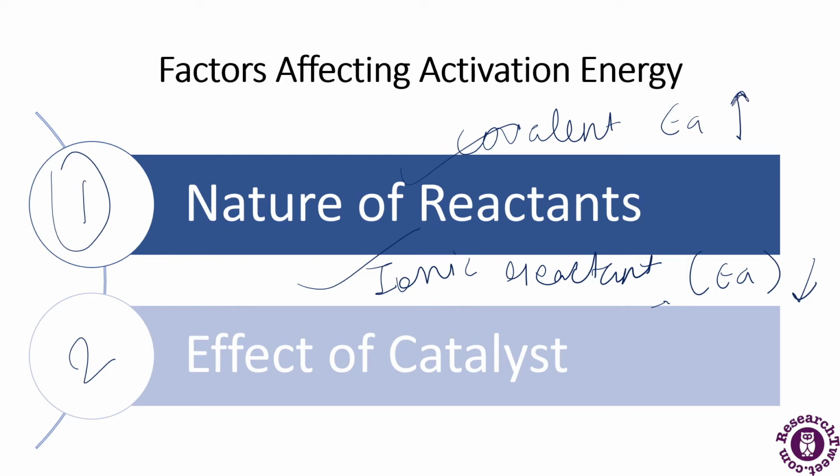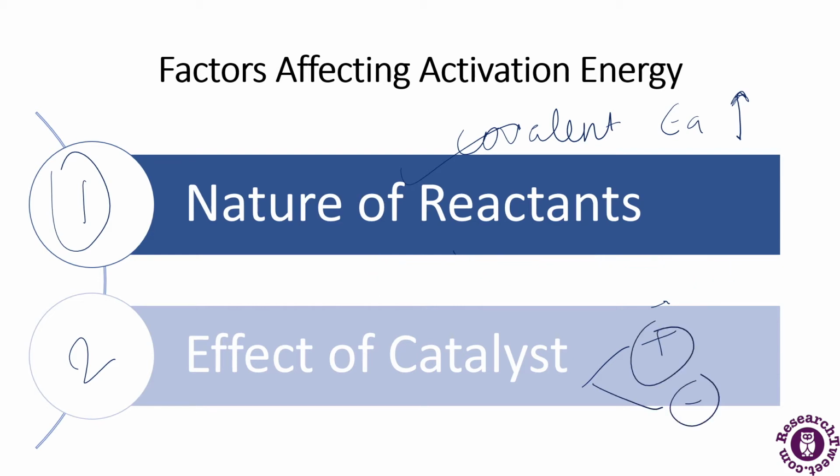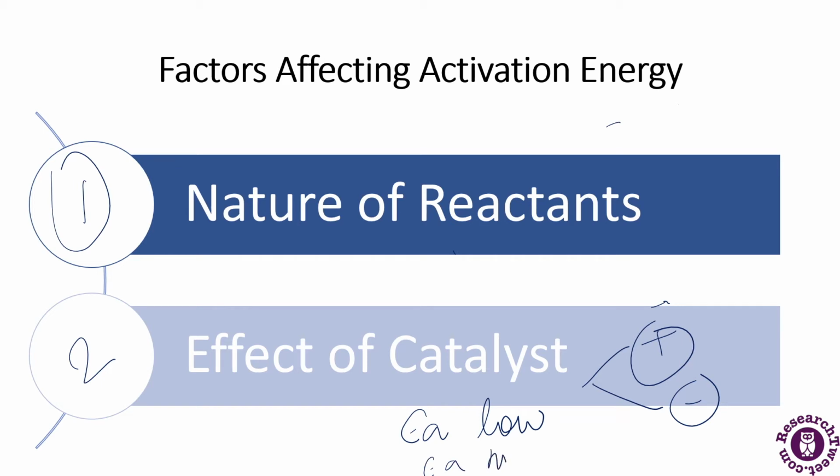The next factor is the effect of a catalyst. A catalyst can be positive or negative. A positive catalyst provides an alternative path in which the value of EA will be low, while a negative catalyst provides an alternative path in which EA will be high.